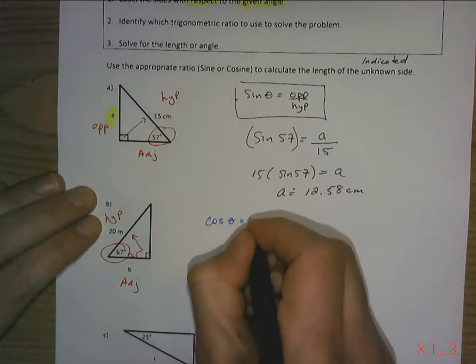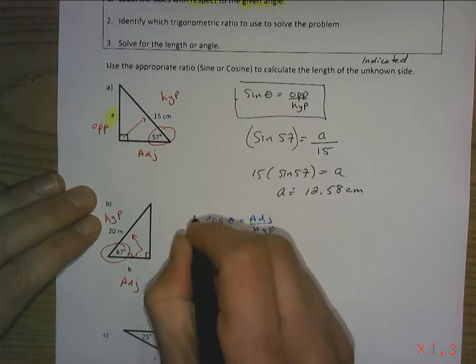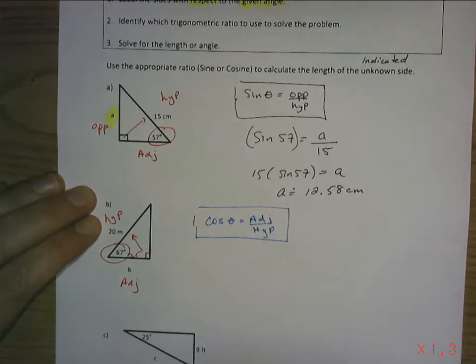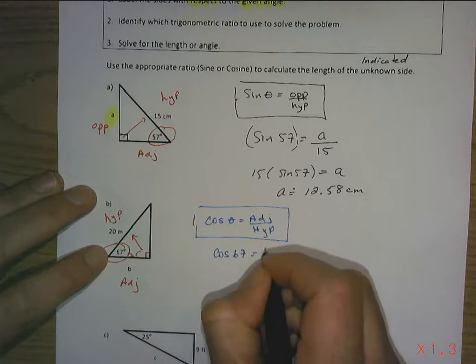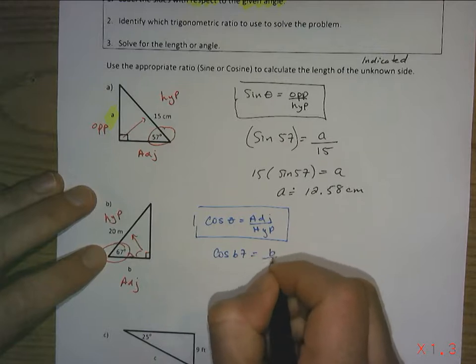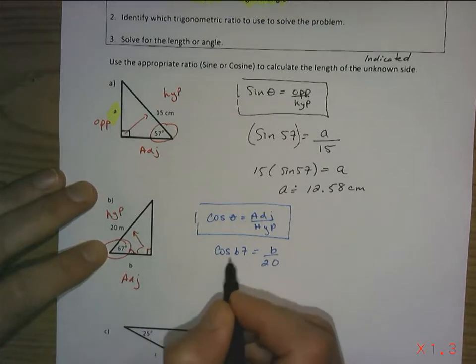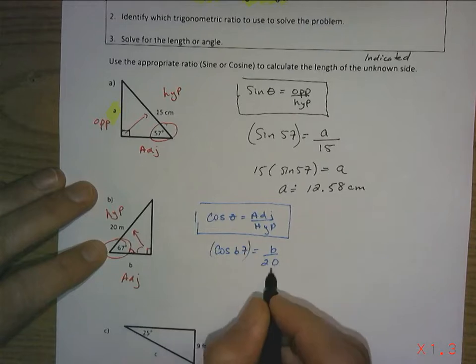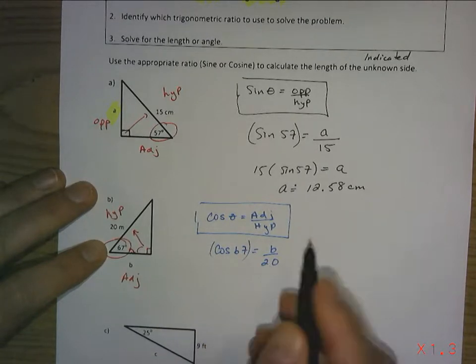Cos theta equals adjacent divided by hypotenuse. That's a formula. Good idea to know it. So plugging in the numbers. This itself is one thing. This is a decimal. So I'm going to get rid of this 20. What's the 20 doing to the B? Division. The opposite is multiplying.